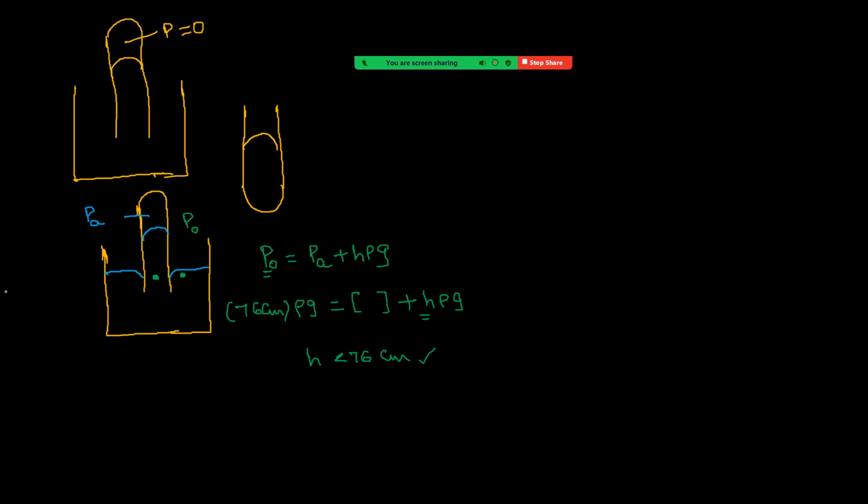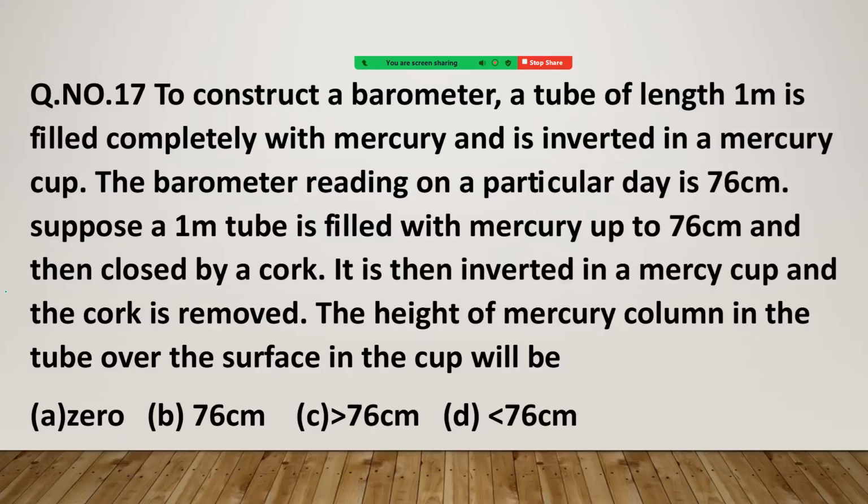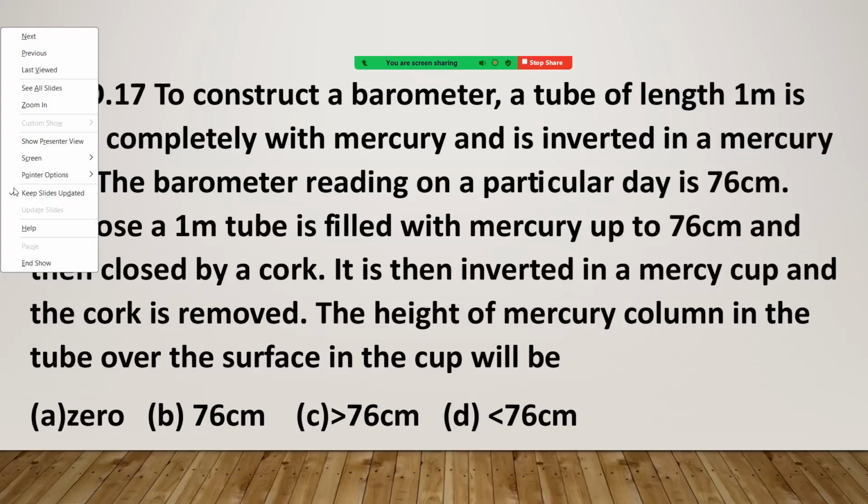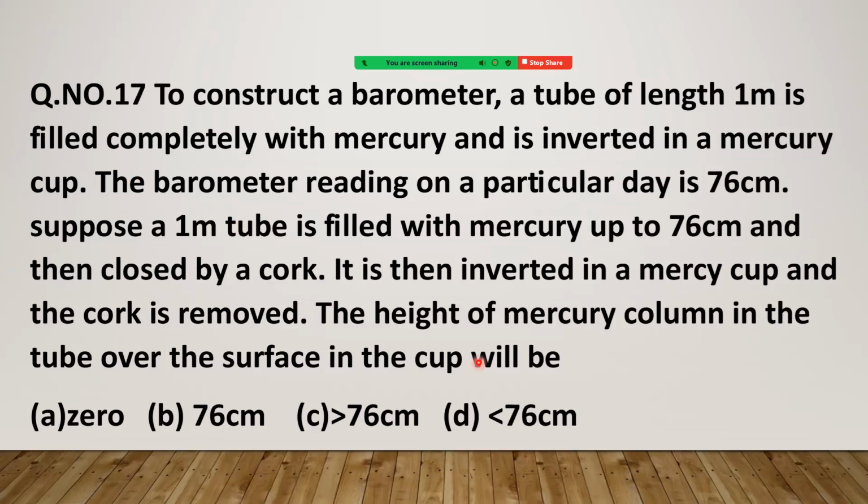So the answer is option D: the height of the mercury column in that tube over the surface in the cup will be less than 76. Right? Let us take the next one.